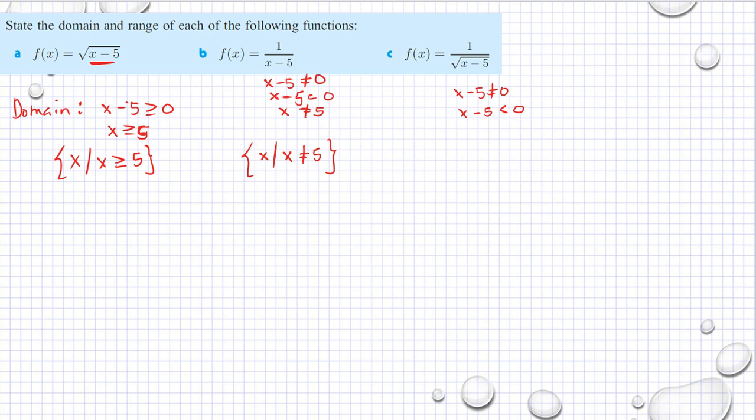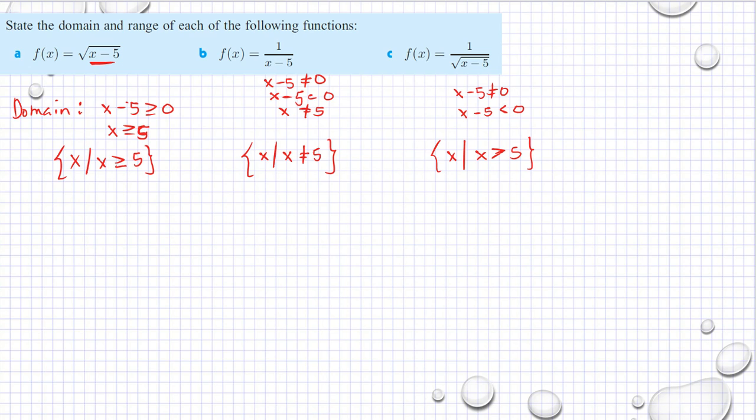So this means that my domain now is x such that x should be greater than 5. Yeah, greater than 5. Not equal to 5, because if I have equal to 5, then I get 0 here. Then it is not allowed.